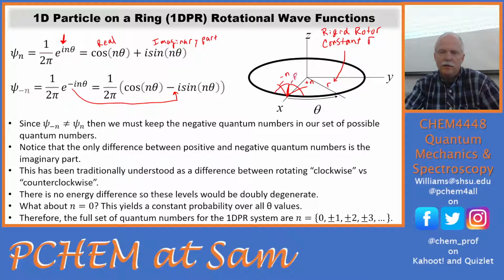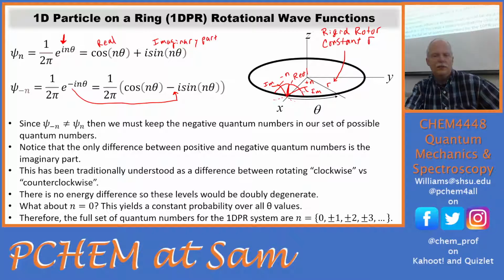So this is real, and this is imaginary. So the relative position of the sine function relative to the cosine piece is the only thing that changes with negative quantum numbers.